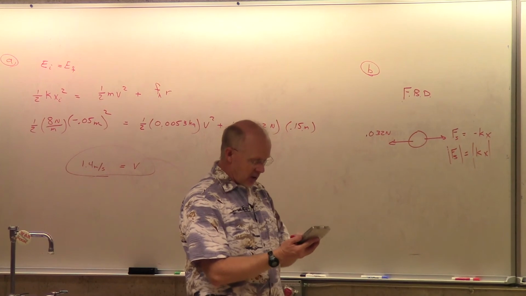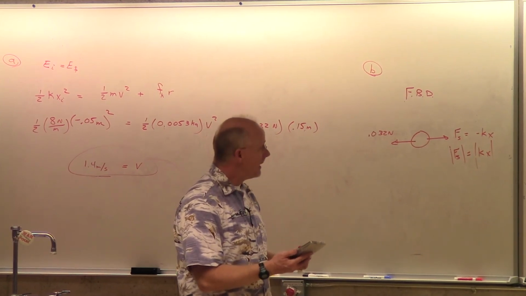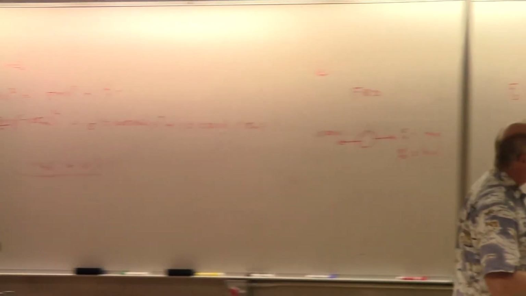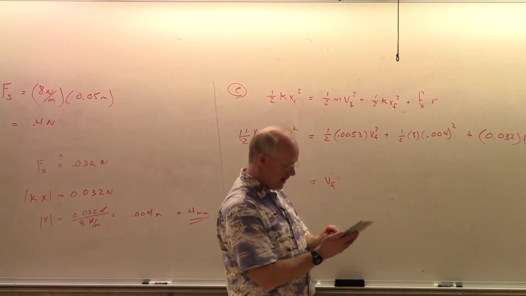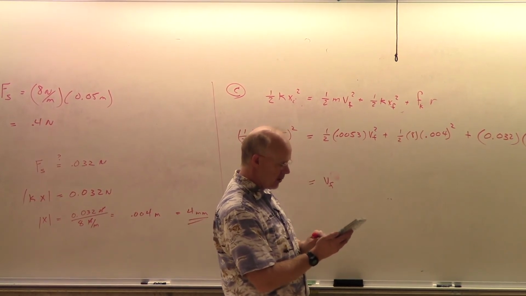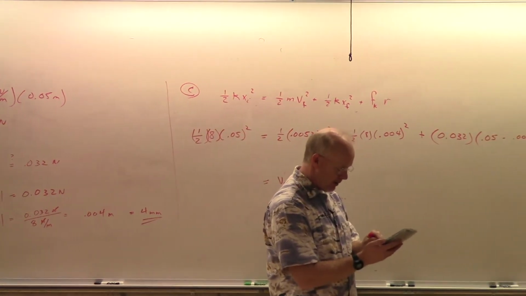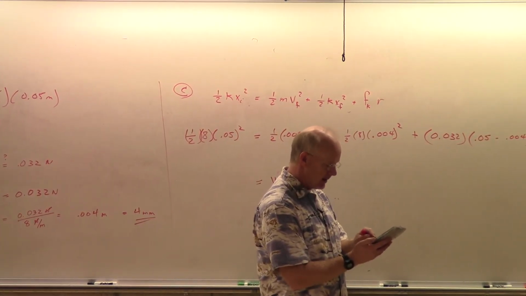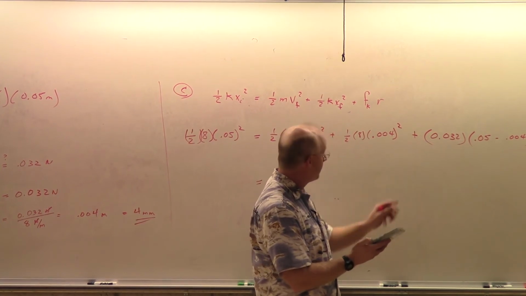So one side of the equation, it's 1/2 times 8 times 0.05 squared. And then I will subtract off this term, so minus 1/2 times 8 times 0.004 squared minus 0.032 times 0.05 minus 0.004.